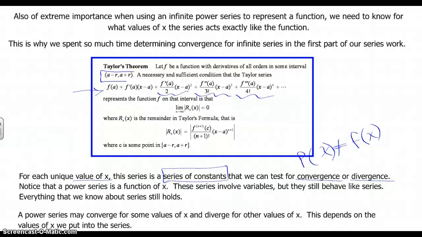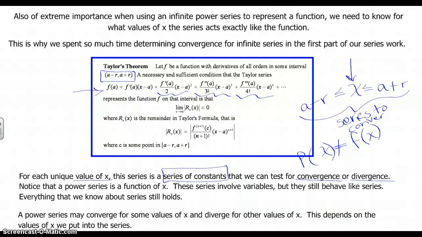So here's the interval that we're talking about. There's some value r that is a distance from a, whether it is to the right of a or whether it is to the left of a. There is an interval over which those x values will cause the series to converge and act just like the function.